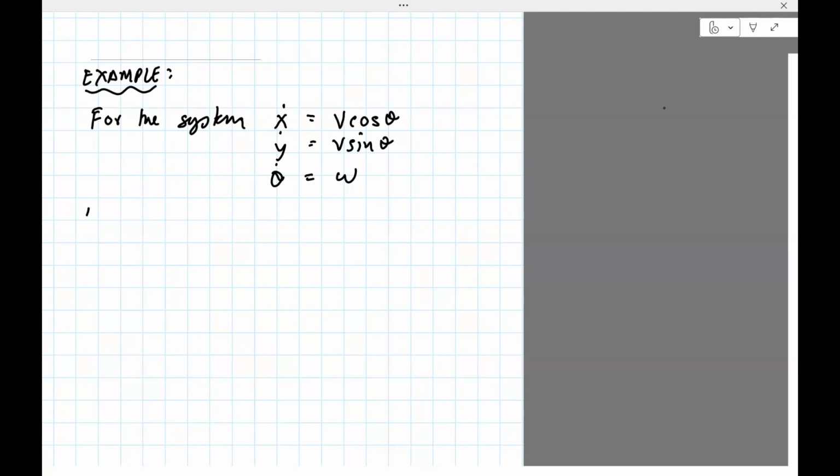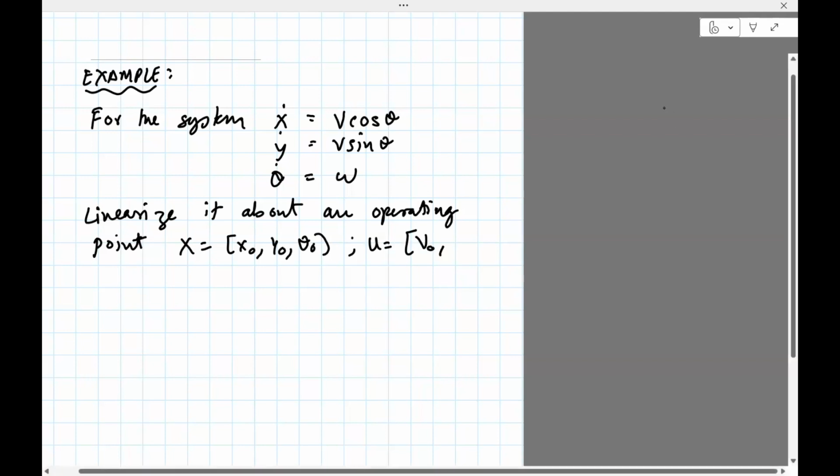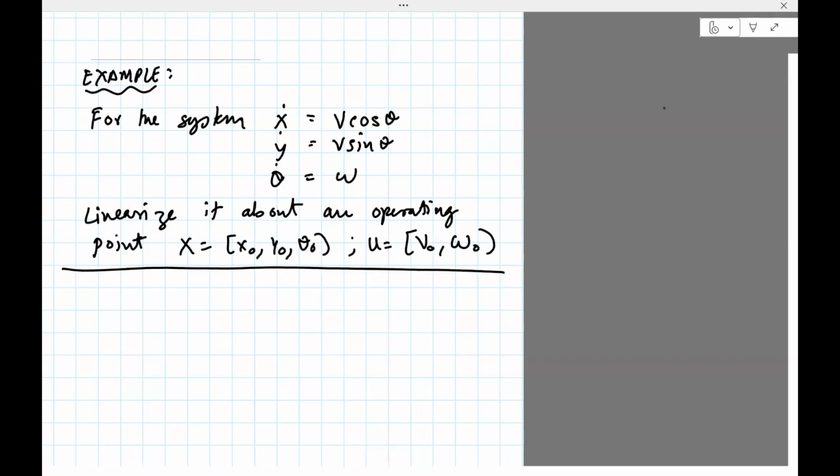For the system so and so, linearize it about an operating point x equals x0, y0, theta0. That's the state. And then the control in this case is u equals v0, omega0. Okay, so we need to linearize about x and u. So let's just call this, and if you want, you can call this x0, u0.